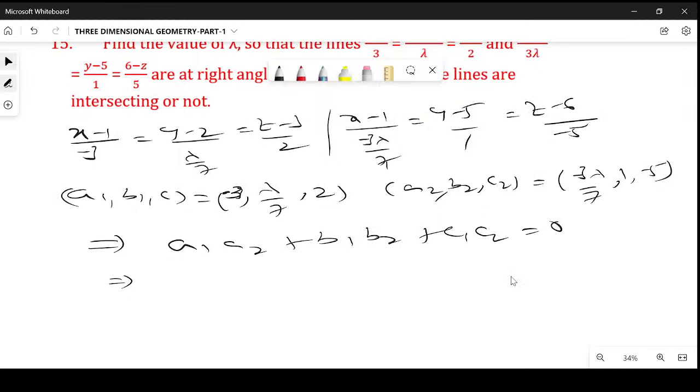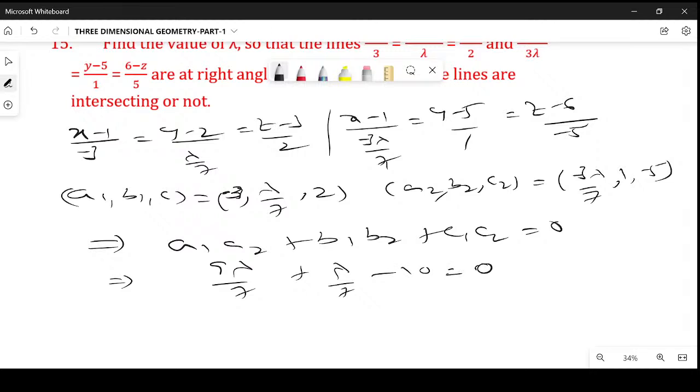If we substitute here, you will get minus 3 into minus 3 lambda by 7, 9 lambda by 7, b1, b2. You will get this one again, right? My lambda by 7 into 1 plus lambda by 7 plus c1, c2. 2 into minus 5 minus 10 equal to 0.